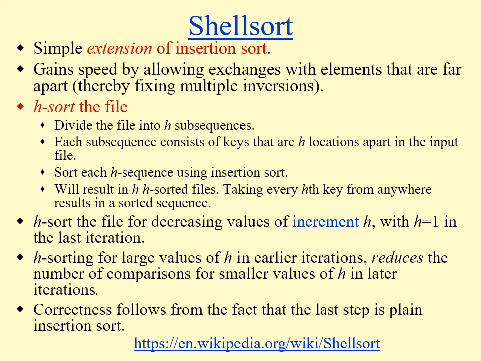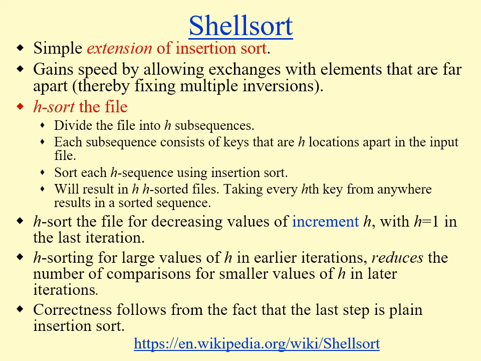If you jump every h elements, you get a subsequence, and using insertion sort you get a sorted subsequence. Though as a whole it is not sorted, if you jump over h every time, you will get an h-sorted subsequence.